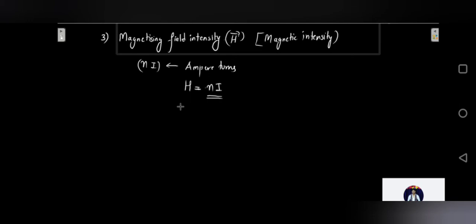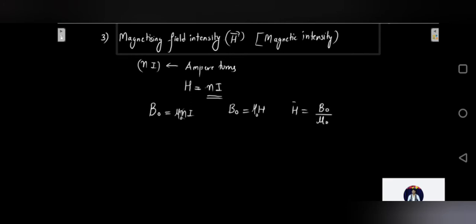Okay. So if you take the formula for B naught, the magnetizing field, it is given by mu naught N into I. So N into I you can put as magnetizing field intensity. So here you get another expression, that is B naught is equal to mu naught multiplied by H. From here you can also say that H is equal to B naught upon mu naught.